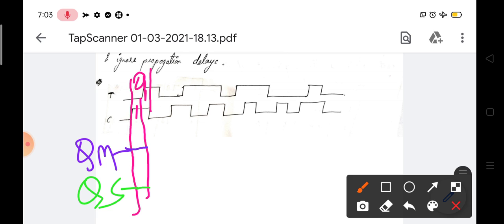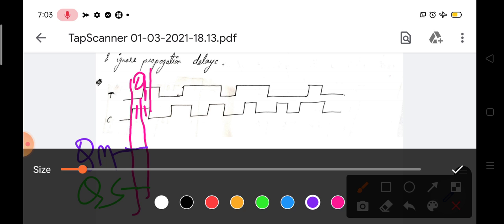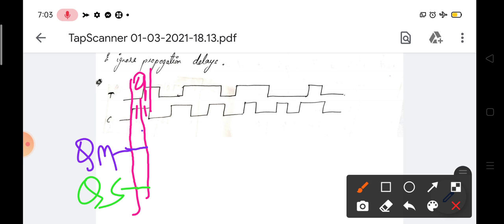Now for the next part, see here again, T has become 1 and the clock is also 1. So T is 1, clock is 1, which means our output QM goes high. QM goes high, but what about QS?